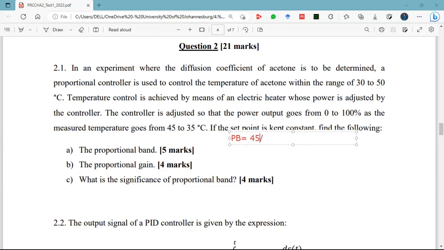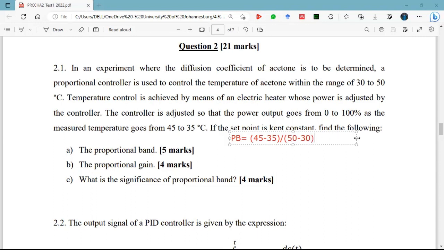So it's 45 minus 35 divided by the actual range now, which is 50 minus 30.